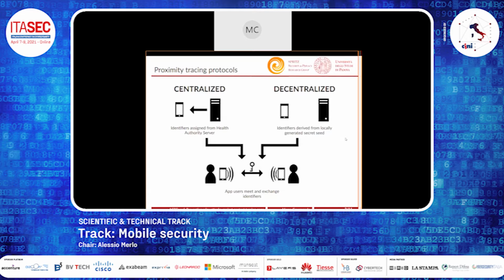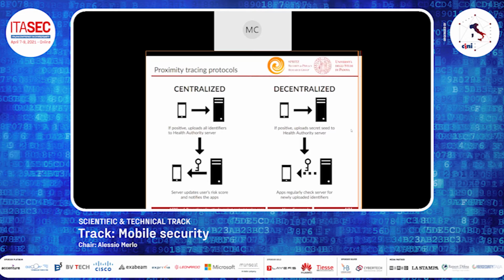Whenever a user installs the app, it generates a secret seed from which the app can derive identifiers. Then, when users walk and meet each other, the app constantly broadcasts packets, usually Bluetooth Low Energy packets, and exchanges those identifiers. Whenever a user gets diagnosed as positive to COVID, he can upload the secret seeds he generated to the health authority server, and the server is able to derive the identifiers.